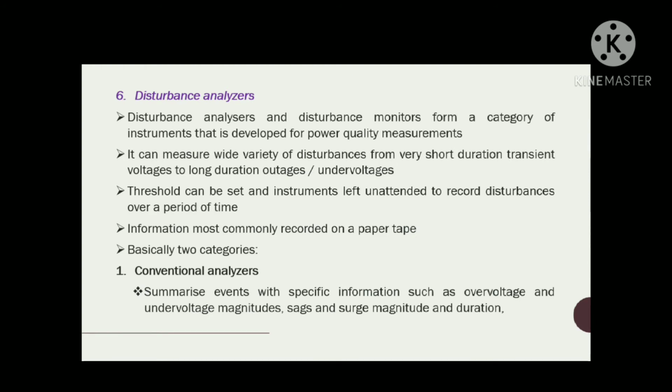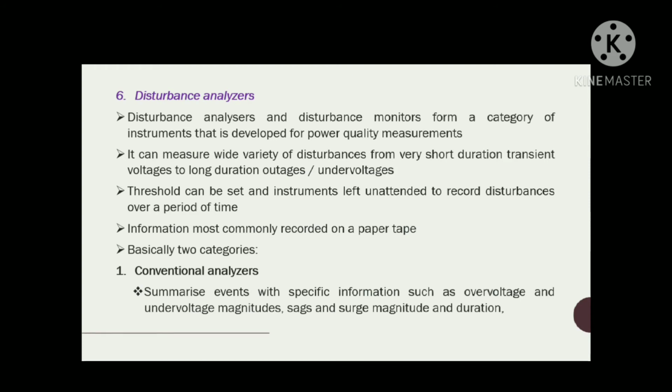Typically, they can measure a wide variety of system disturbances from very short duration transient voltages to long duration outages or undervoltages. Thresholds can be set and the instrument left unattended to record the disturbances over a period of time. The information is most commonly recorded on a paper tape, but many devices have attachments so that it can be recorded on a disk as well.